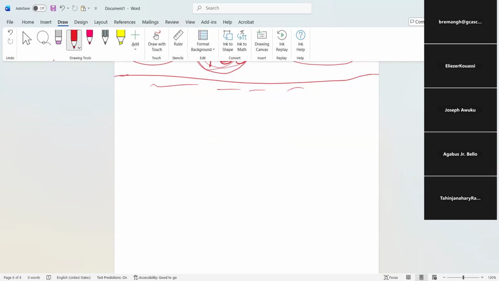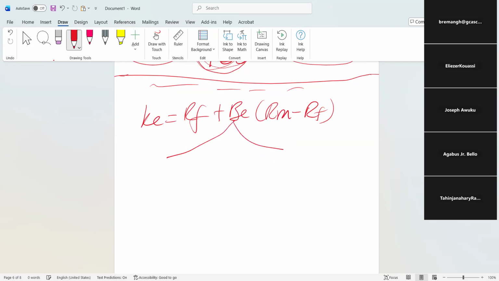You know for sure that KE is equal to risk free plus equity beta times the return on the market minus risk free. And I explained that a beta measures the systematic risk of the organization. But this beta can take two forms. We can have asset beta and we can have equity beta.